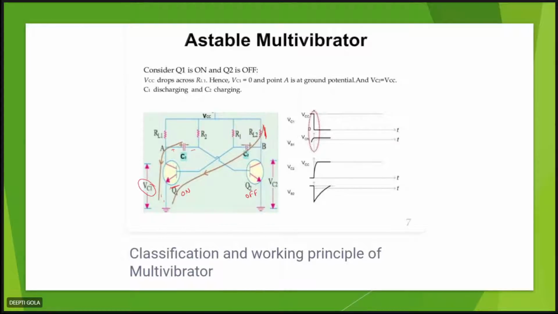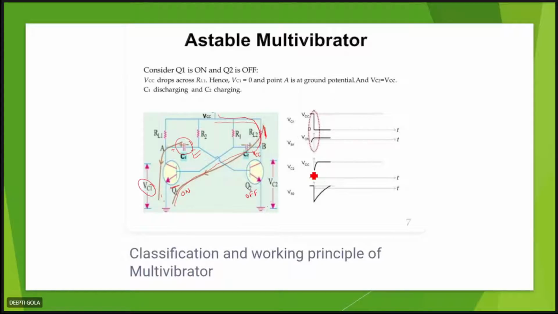So now this capacitor C2 will get charged through VCC up to VCC. Got it? Okay. And whatever voltage is there in C1, this C1 will get discharged, and the current will be flowing like this, as shown in the figure.